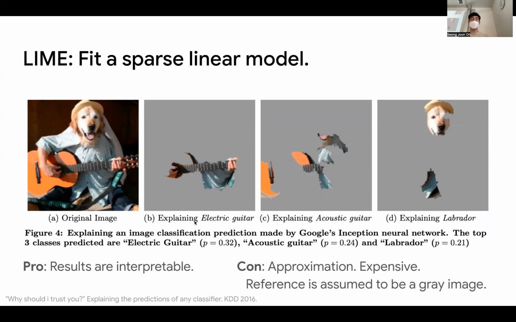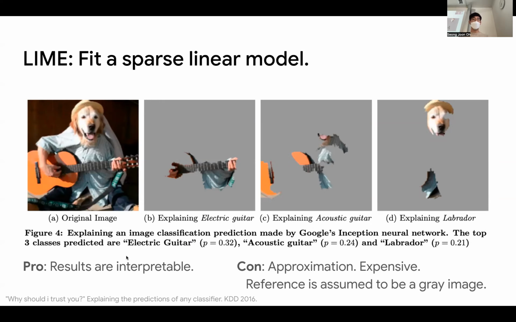Well, actually the electric guitar was wrong, right? But still, you can see why the model could have thought of this as an electric guitar, if it is focusing more on this part of the guitar than the more discriminative part. And yeah, you can also explain Labrador based on this superpixel.